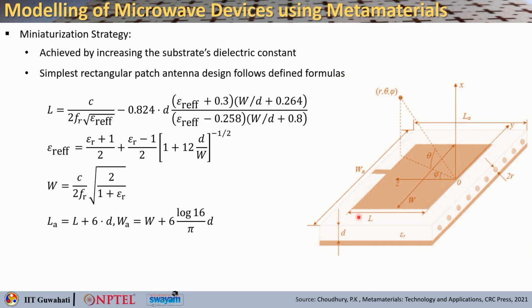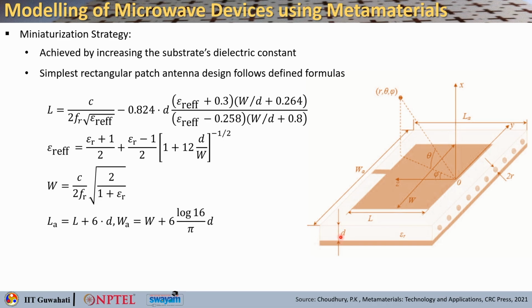So here you can see that this is the patch, you have got L, and this is the width W of the patch, okay. So you can see that the length of the patch can be calculated using this formula, C divided by 2 FR square root of epsilon R effective, minus 0.824 into D, epsilon R effective plus 0.3 times W by D, okay.